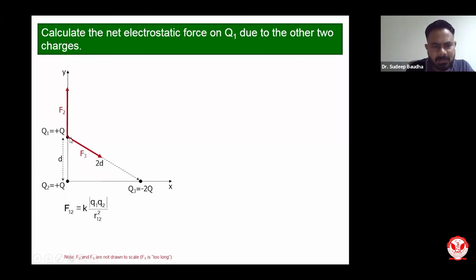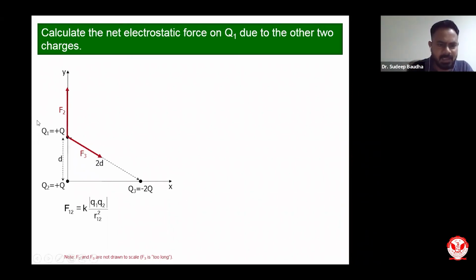Now please remember, I have inverted the direction because this is negative and this is positive. So the net direction will be attraction; it will be attracted towards this. And since minus 2Q is larger than plus Q, the attraction force will be towards the Q3 charge. So these are the two forces which will act.